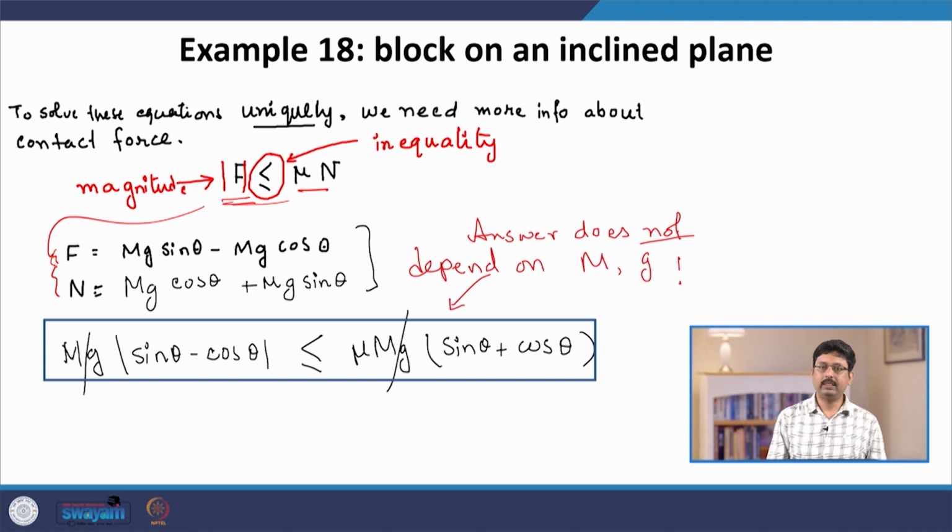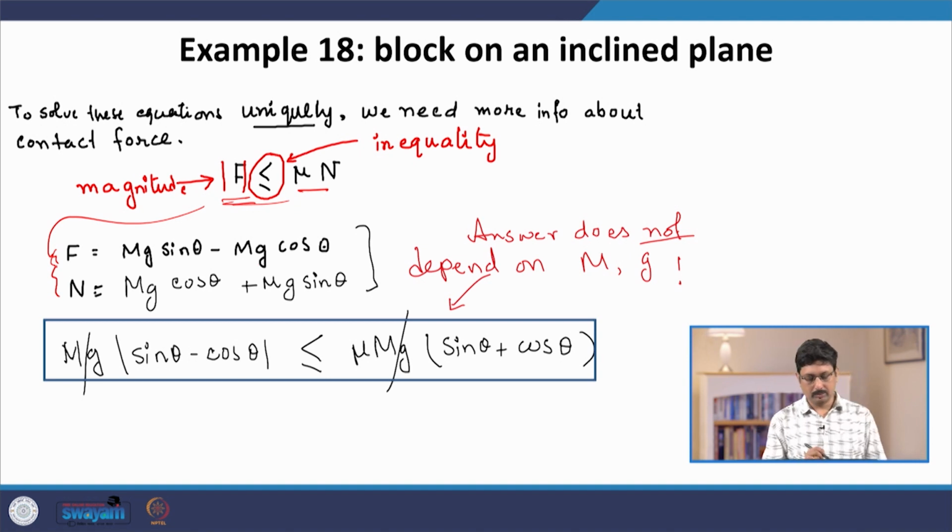So, that gives a range for theta, because the frictional force varies from 0 to mu n, that is why theta is not unique. There is a range of theta over which the block will be at rest, and the frictional force and normal force will be given by these expressions.